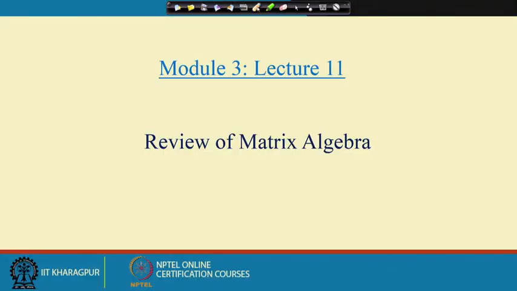So, we have module 3 today, and it is the first lecture for module 3. Here we will review basic matrix algebra, because one of the objectives of this course is to do large scale structural analysis, which requires knowledge of the solution of matrix vector equations.